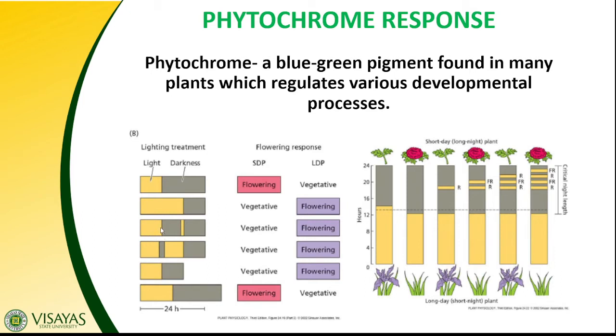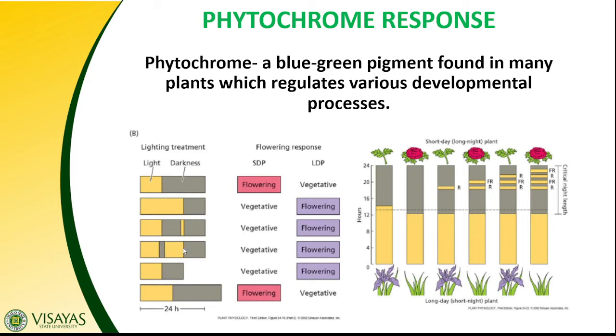Exposure to short photoperiod and interruption of light during the dark period will render the SDP vegetative while LDP flower. Okay. Interruption of the daylight period by darkness.